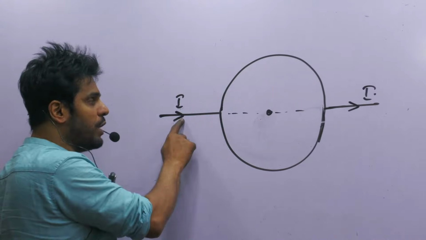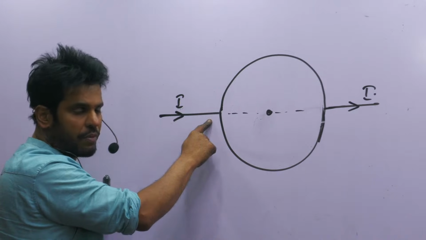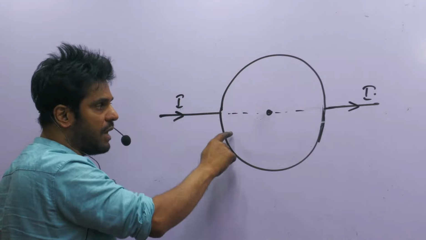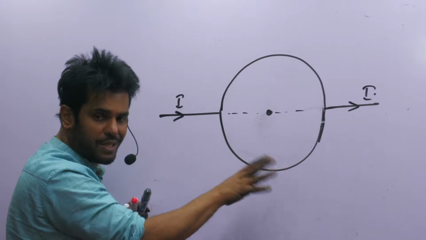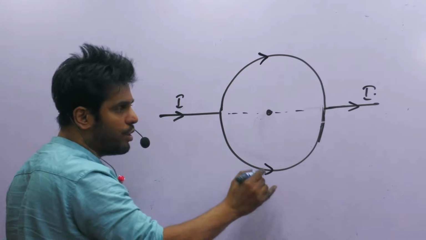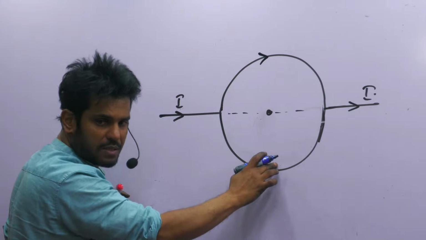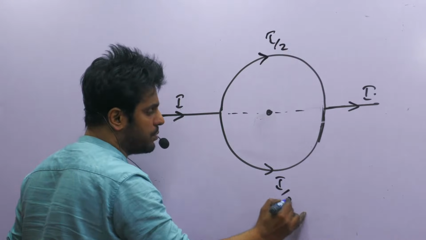But when you come here, the total current is I. So it distributes that I equally between the upper part and the lower part. When you label the magnitude of current for the two parts, it is I divided by 2, I divided by 2.